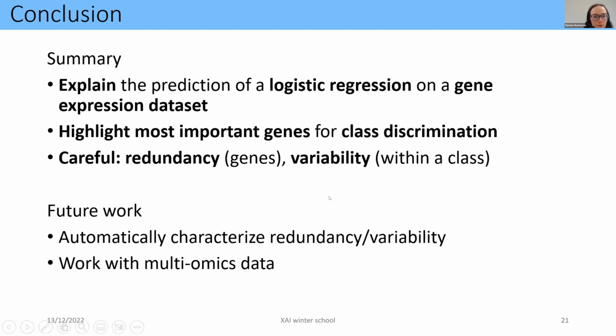But in the interpretations, we have to be really careful with the redundancy that we have within our data sets and with the variability that we need to highlight within a class. So we are working on characterizing redundancy and variability with clustering techniques or cross-signal processing techniques. And we would like to extend that to multi-omics data that are available.